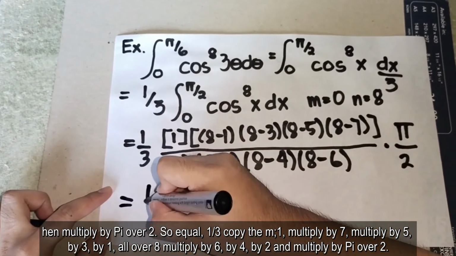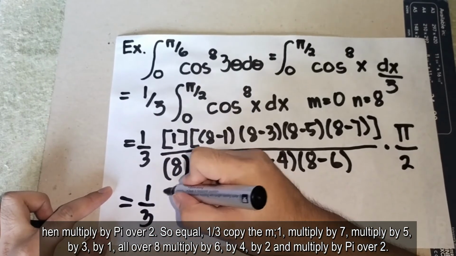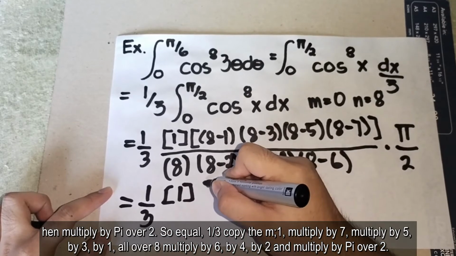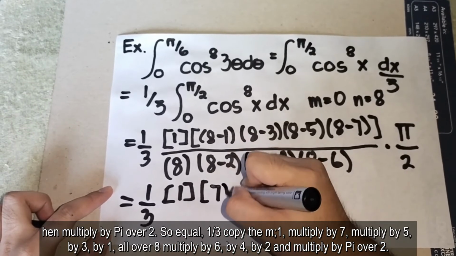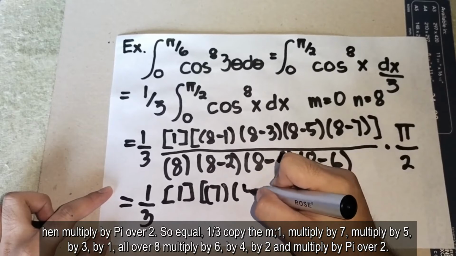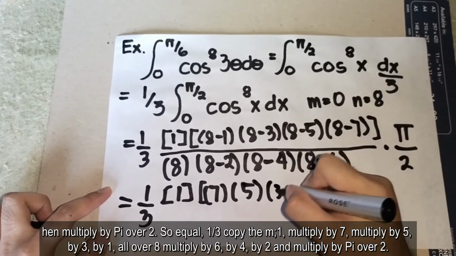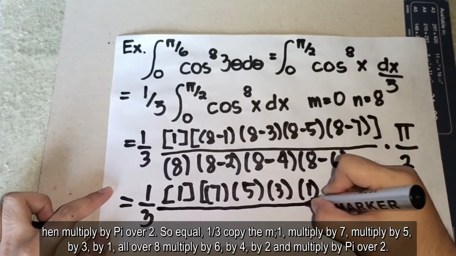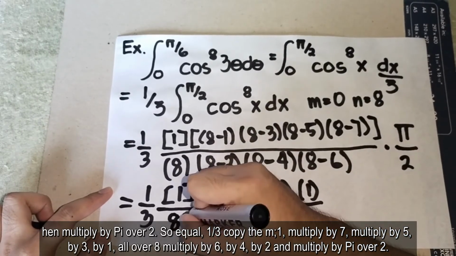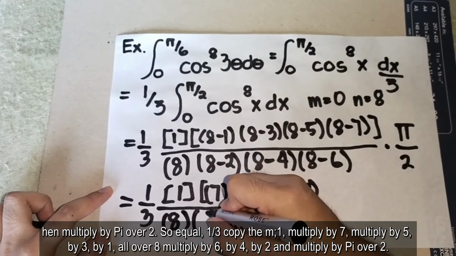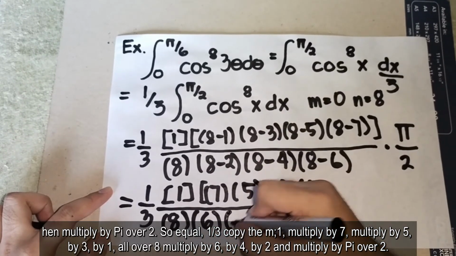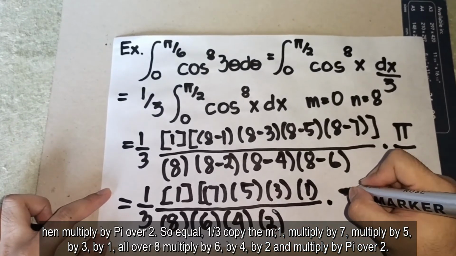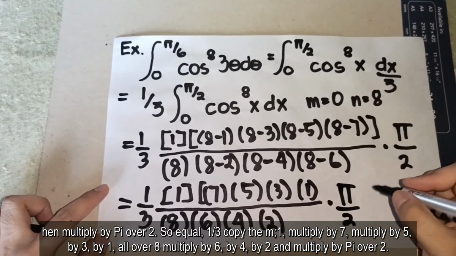So, equal to 1/3. Copy the m, 1, 8, multiply by 7, multiply by 5, by 3, by 1, all over 8, multiply by 6, by 4, by 2, and multiply by pi over 2.